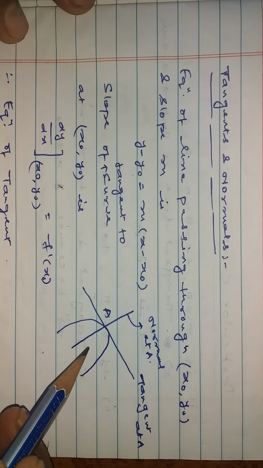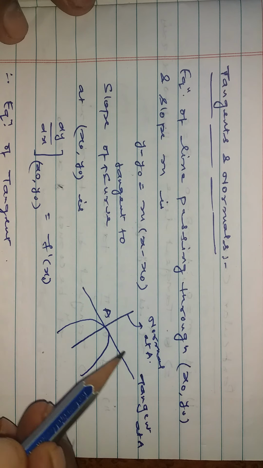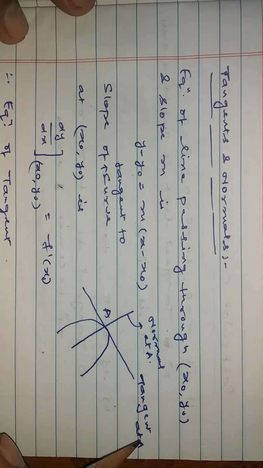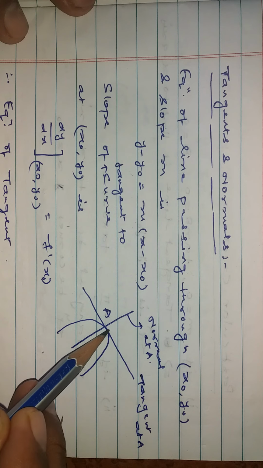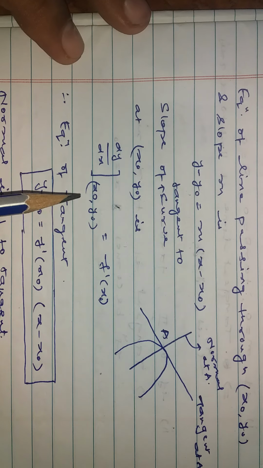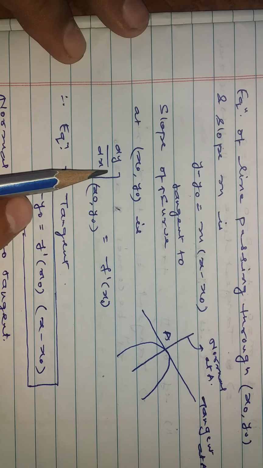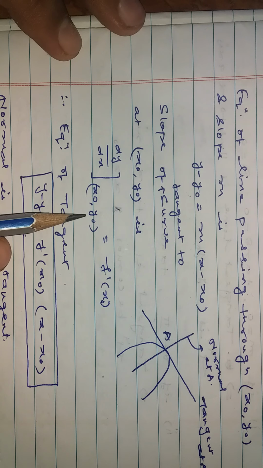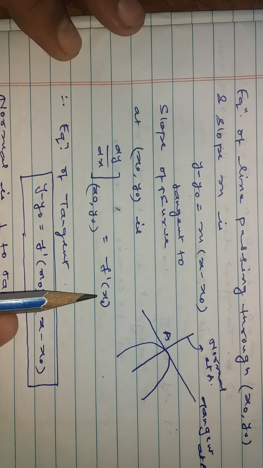Now suppose we have a curve. A line which touches the curve at exactly one point is called a tangent, and the line which is perpendicular to the tangent is called the normal. The slope of the tangent is given by the derivative dy by dx at x naught, y naught. This is f dash x naught.